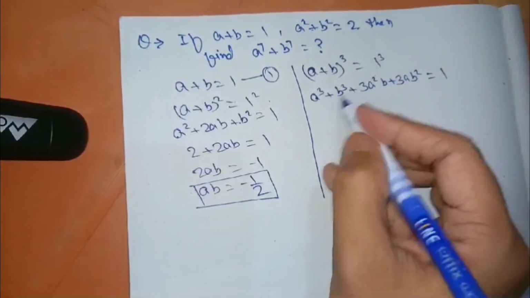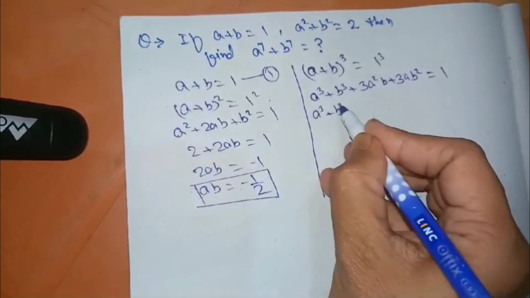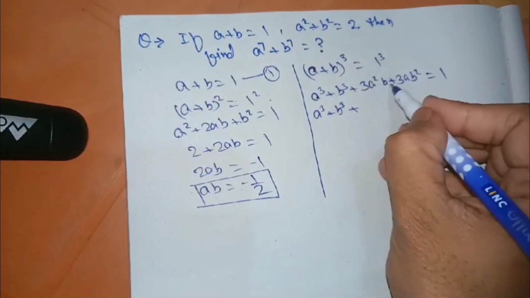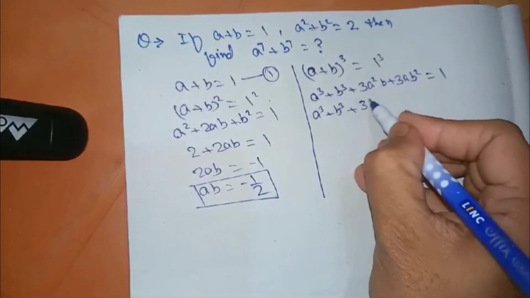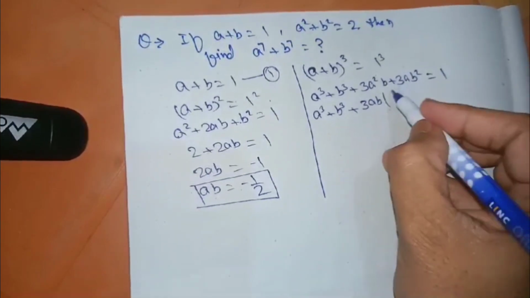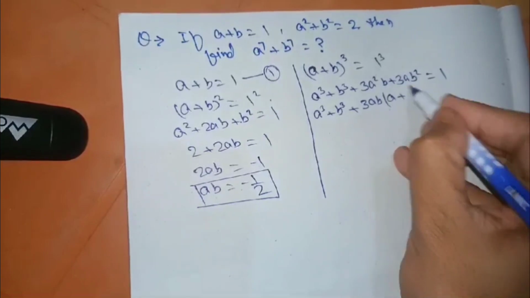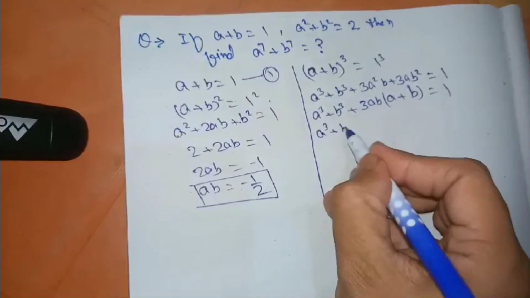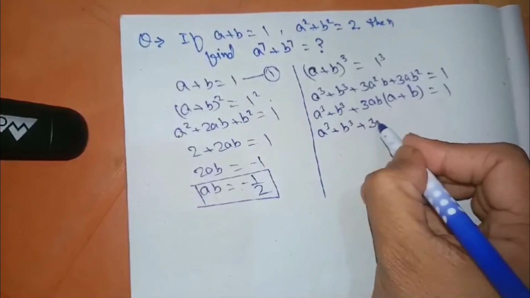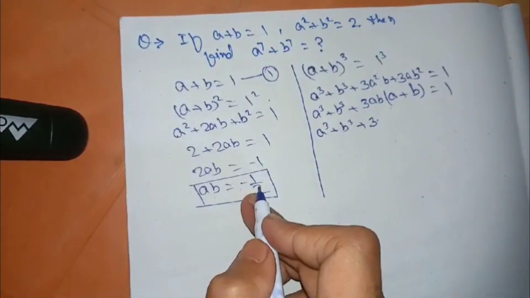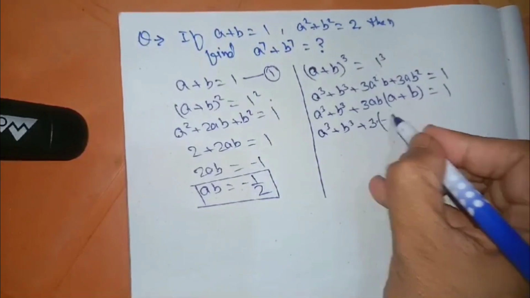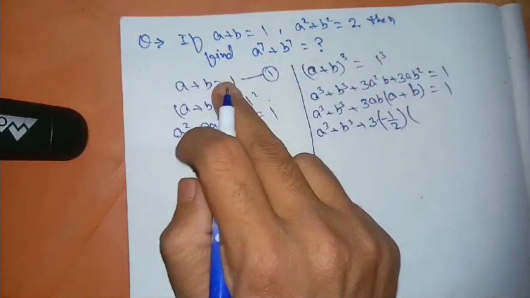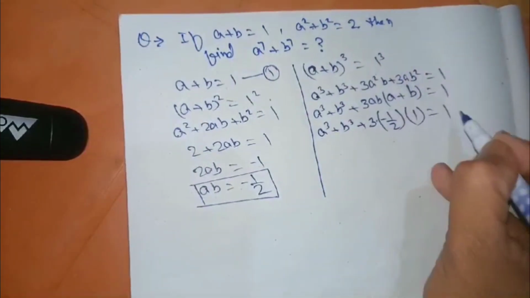Now in these two terms 3ab is common, so we take common 3ab from both terms, and a will be left here and b will be left here, equal to 1. So a cube plus b cube plus 3, since the value of ab we already found is minus 1 by 2, we put minus 1 by 2, and the value of a plus b which is given as 1, we put 1, equal to 1.